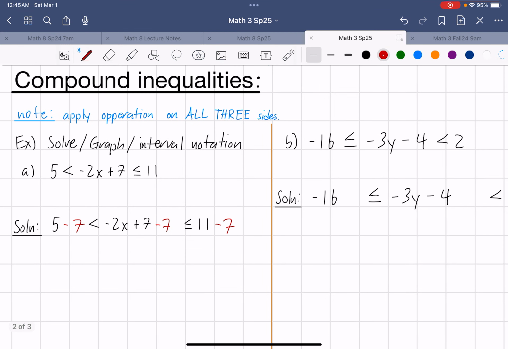That's going to leave me with negative 2 smaller than negative 2x plus 7 is less than or equal to 4.